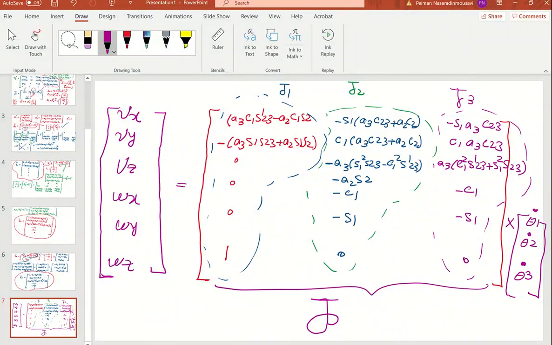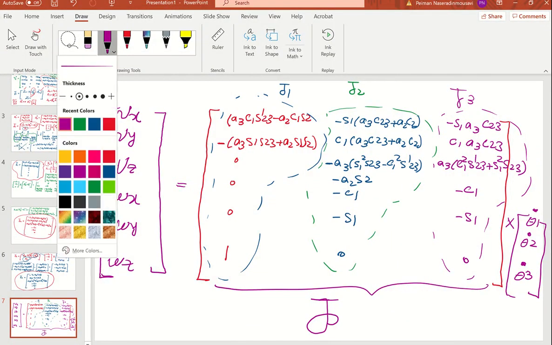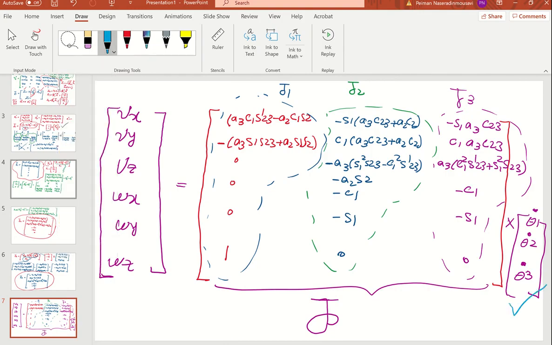So if you remember, I was teaching you at the beginning of this course about forward kinematics. Forward kinematics is that you have the joints and the velocity of the joints. By using the Jacobian, you can find end effector velocities and angular velocities.